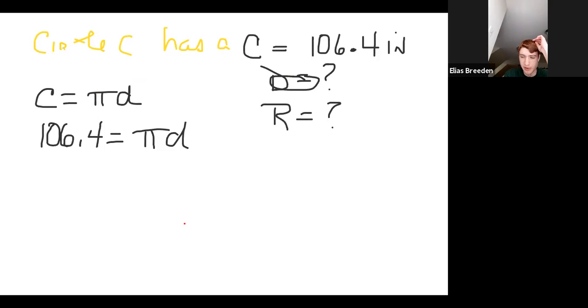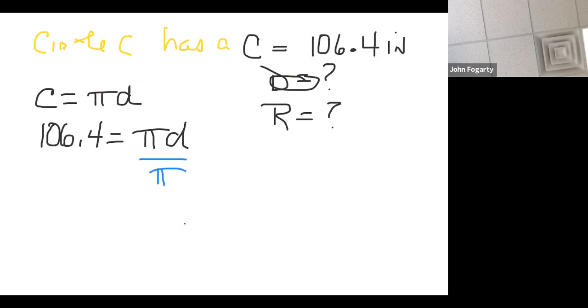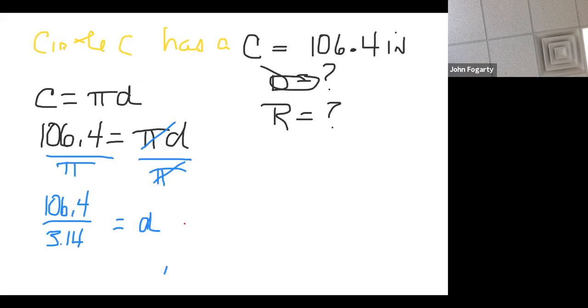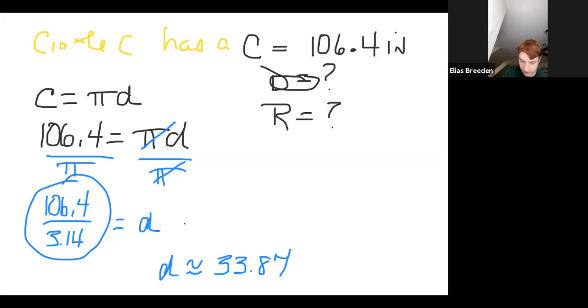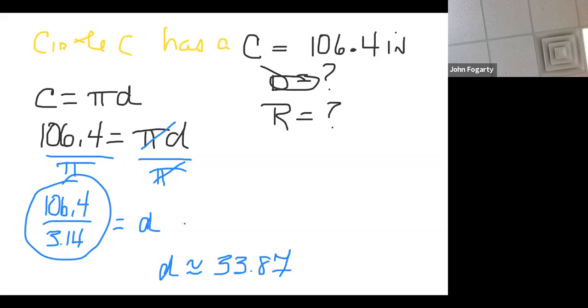Divide by pi. Now I have d equals 106.4 divided by pi, and I know pi is about 3.14. So now I know what? d is about, what's 106.4 divided by 3.14? About 33.8.